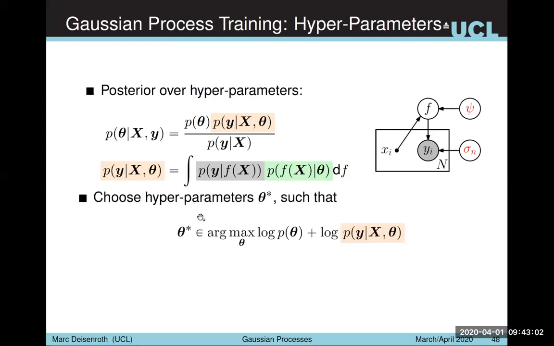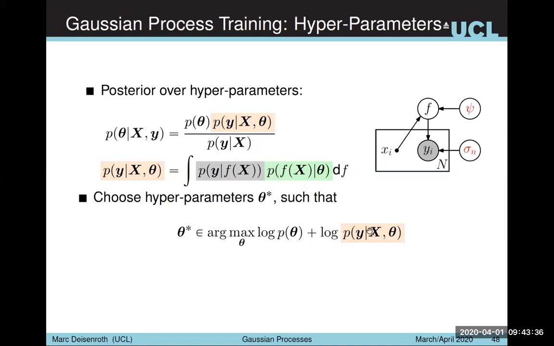If we want to maximize the posterior distribution on the hyperparameters, it is equivalent to maximizing the log posterior distribution with respect to the hyperparameters, and that would require us to maximize the numerator of this expression: the log prior plus the log marginal likelihood. So that is this expression down here.